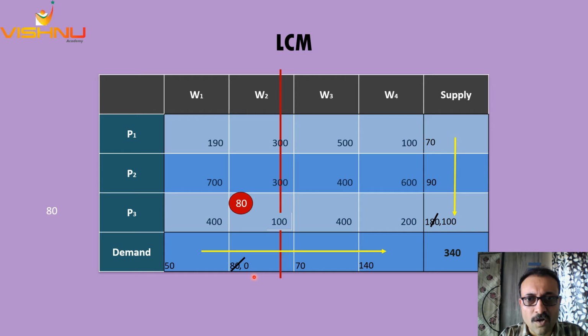I have just taken off this particular column. So even by mistake, I will not consider anything in this particular column after this allotment has been done, since we do not have any units left, there is nothing that can be allotted further in this particular column. So we simply discard it, right?